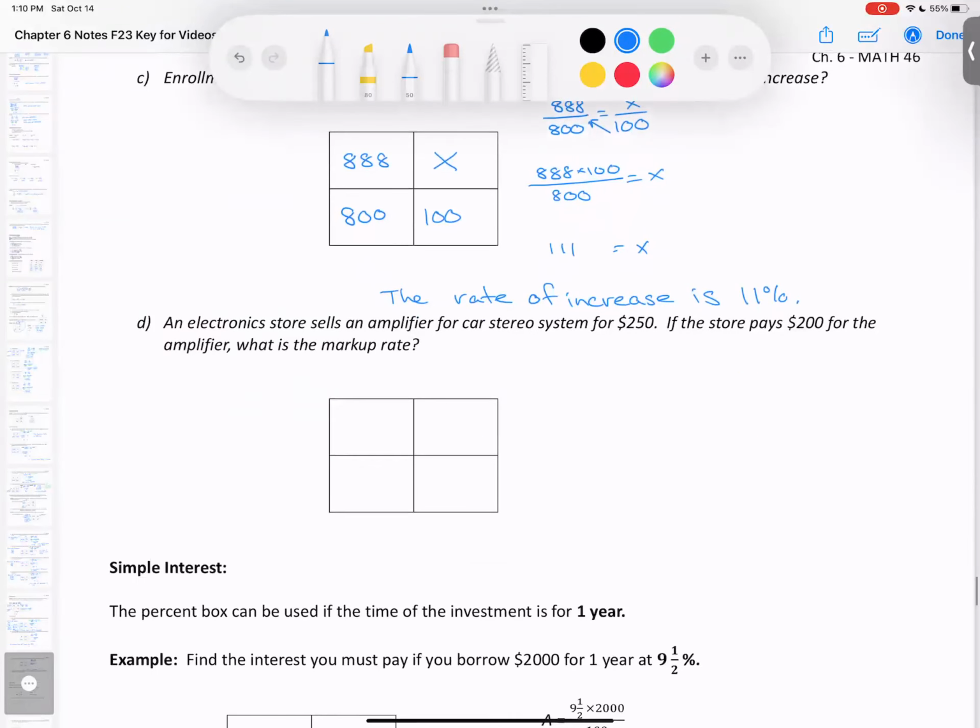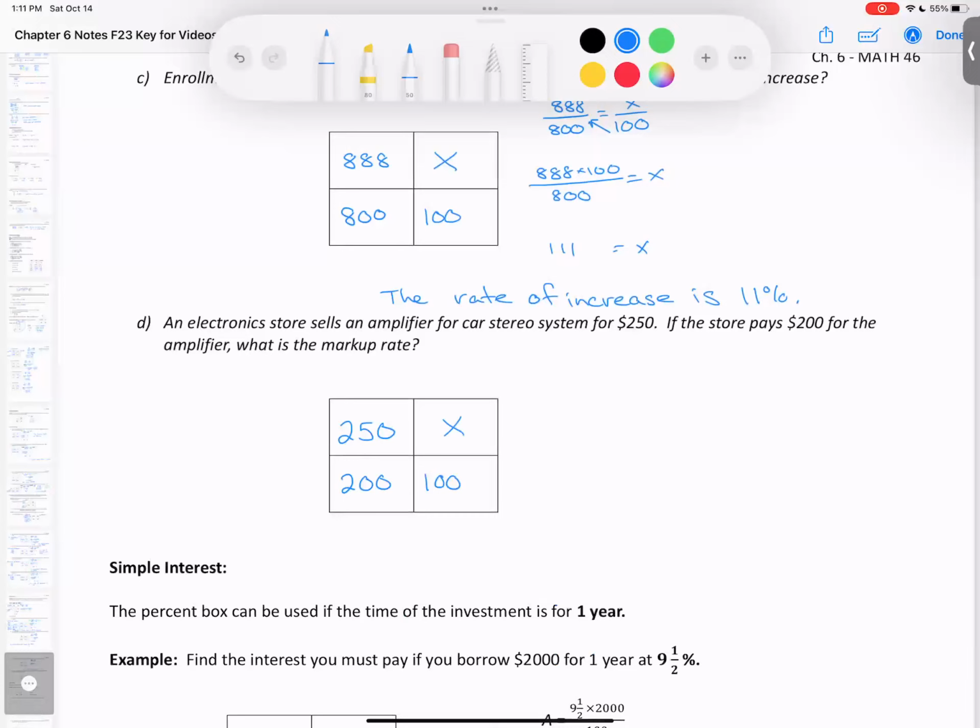Okay, next one. An electronics store sells an amplifier for a car stereo system for $250. The store paid $200 for the amplifier. So what is the markup rate? We're looking for a rate, so it's going to be x over 100. We want to know what the percent increase is if we started at 200 and now we're charging 250.